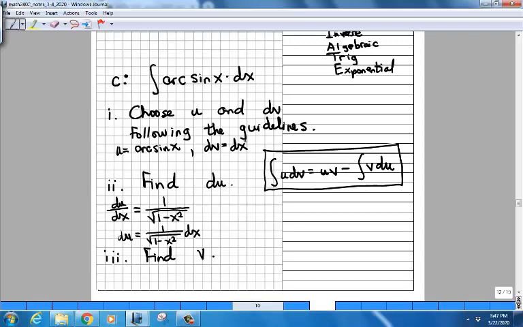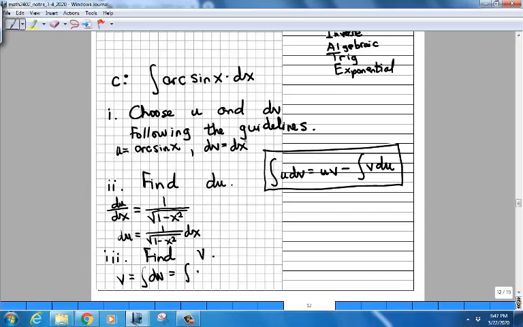Now we have to figure out what v is. Remember, v is going to be the antiderivative of dv, but dv we have chosen to be just dx. So you just have the antiderivative of dx, and that's pretty easy.